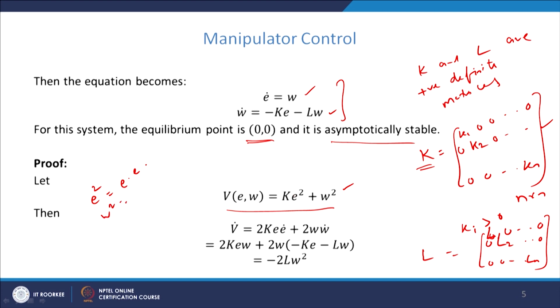Similarly, W square means W dot W, the scalar product of these vectors.